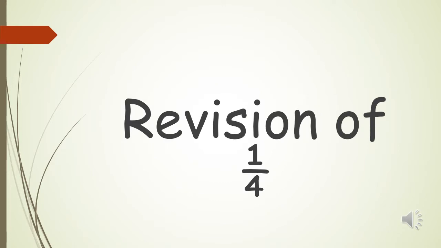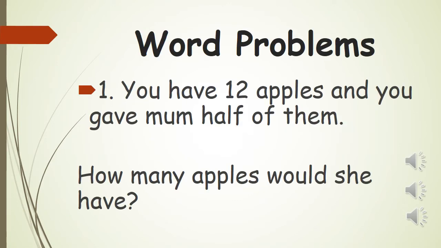So let's recap again. We said 1/4 means that you should divide whatever you have into 4 equal parts and then choose 1 part of it. So we agreed that we would use our 4 times table to help us get 1/4 easily.